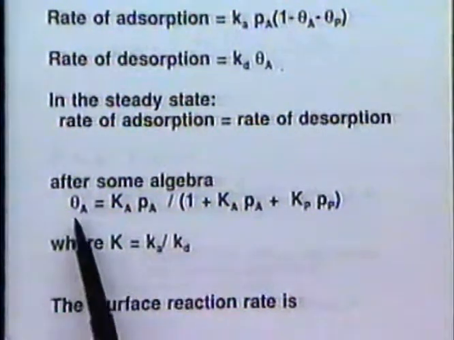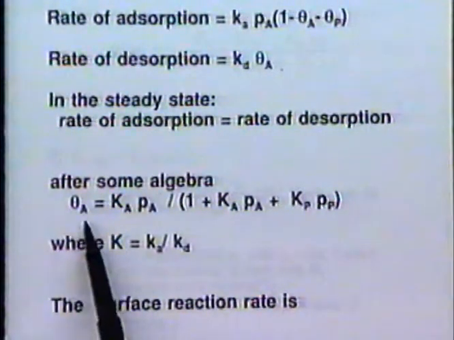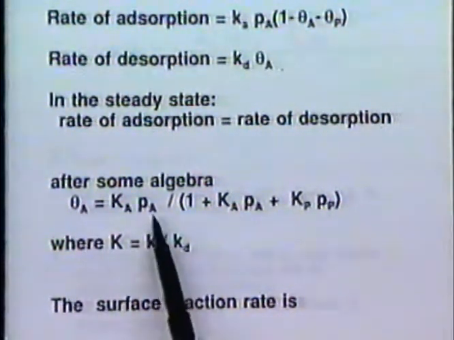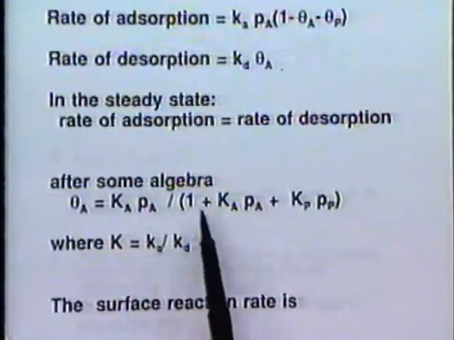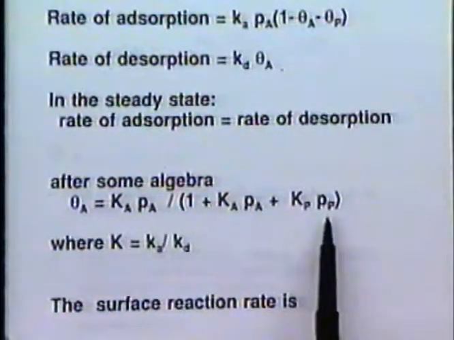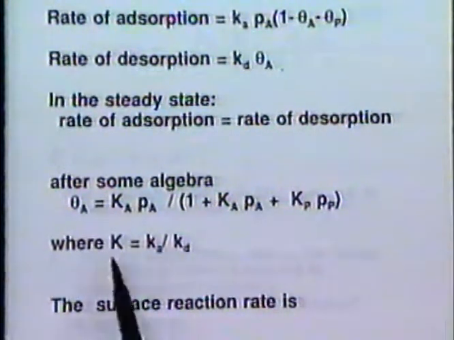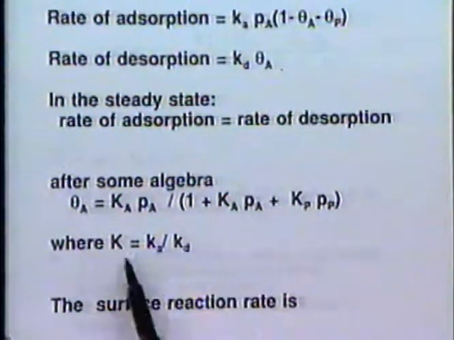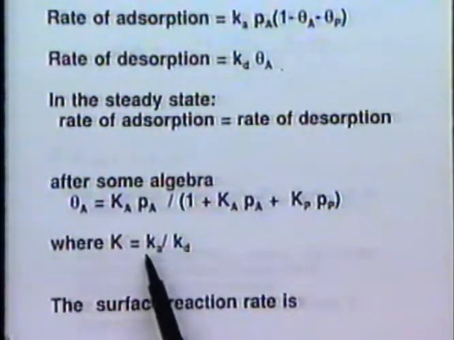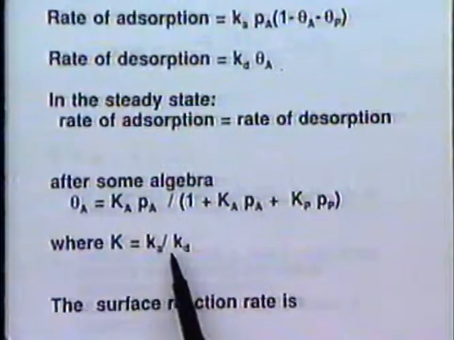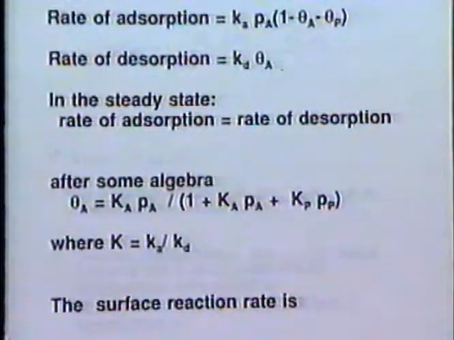That gives us the coverage of the surface as a function of the partial pressure of the reactant and the partial pressure of the products. This K here is the ratio of adsorption and desorption rate constants.